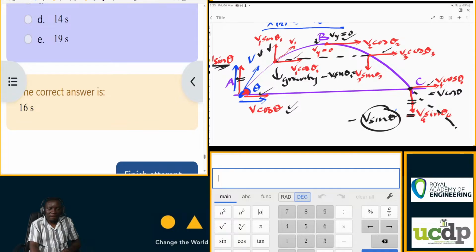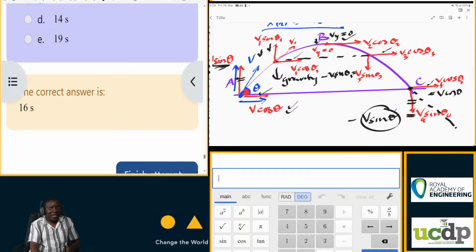All right, so when we give the body an initial velocity, as it rises approaching B, it decreases until it becomes 0, and then from B to C, the rate at which it goes down is much faster because of the gravitational acceleration acting as a negative quantity when it goes down.